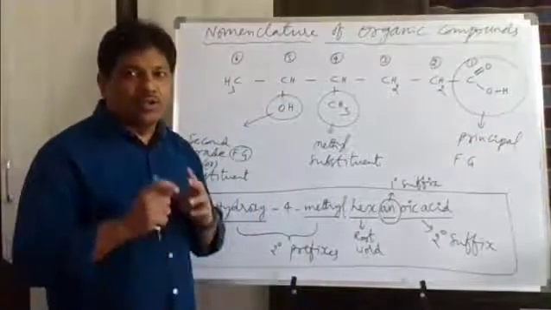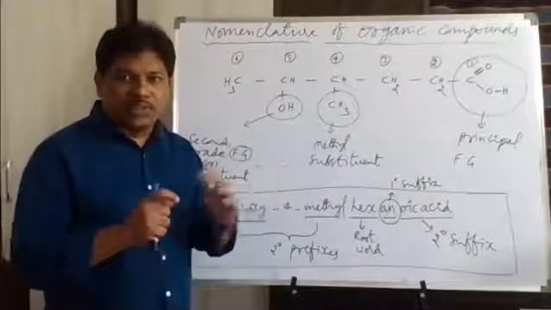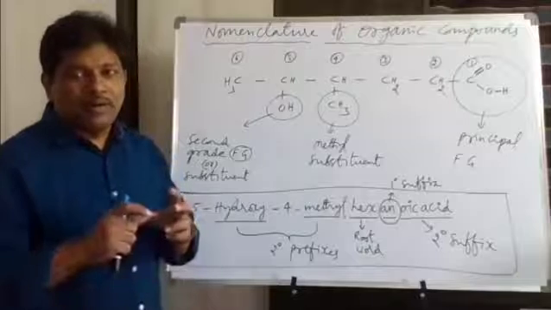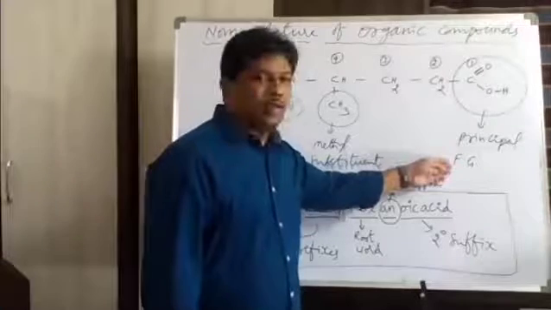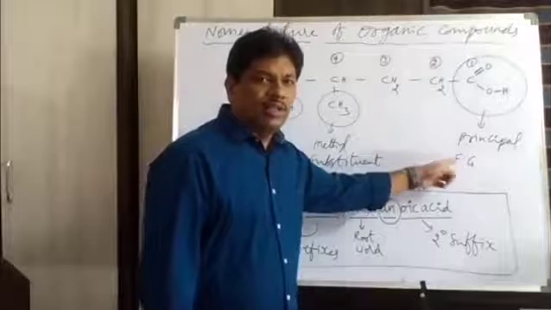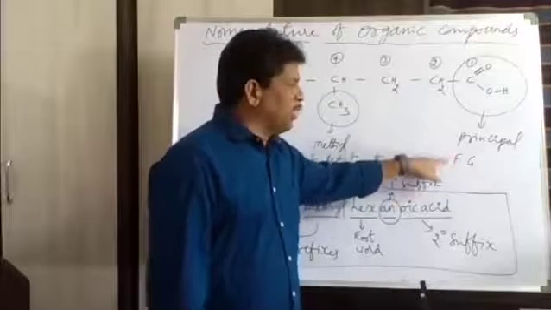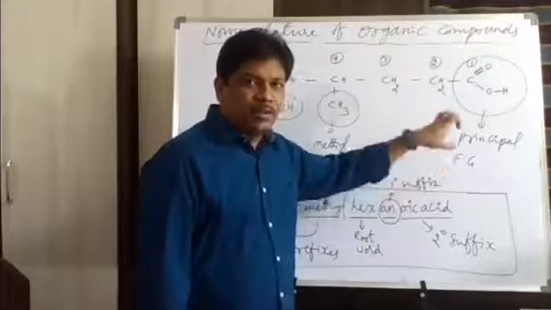Whenever there are two or more functional groups in the given structure, one senior group is taken as the principal functional group. Here FG stands for functional group. So the principal functional group is the senior group.